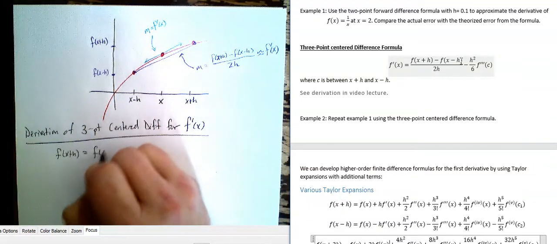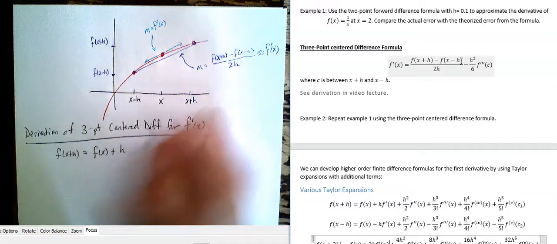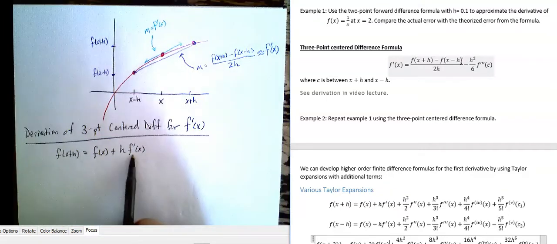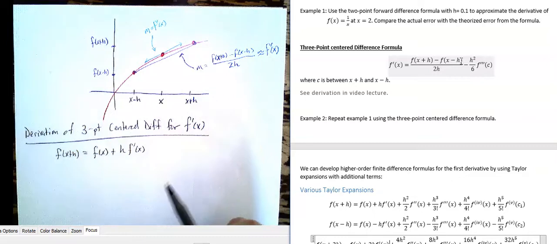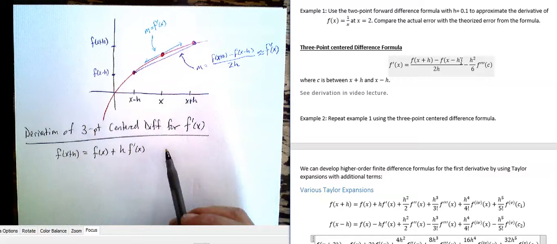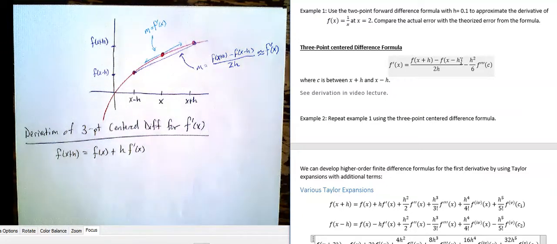So that was f of x plus h f prime of x. Now in the previous one we stopped at the second derivative, when in fact we actually need to go to the third derivative because the order of this finite difference formula is actually higher.